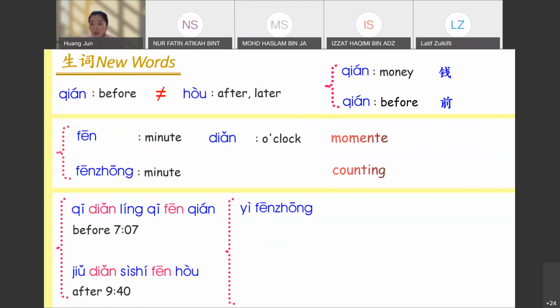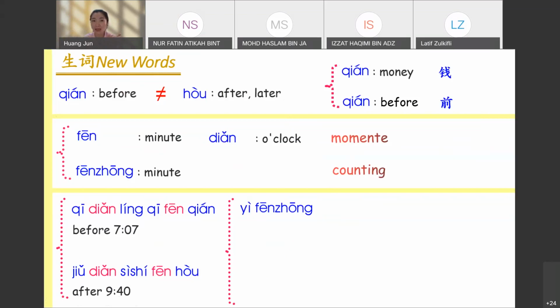So this is used for counting how long the time is. For example, I told you, you have 5 minutes to finish your QR code. So for that 5 minutes we say 5分钟. I cannot use 5分, because 分 and 点 are a pair of words used together for counting the moment. And 分钟 is the minute word used for counting.